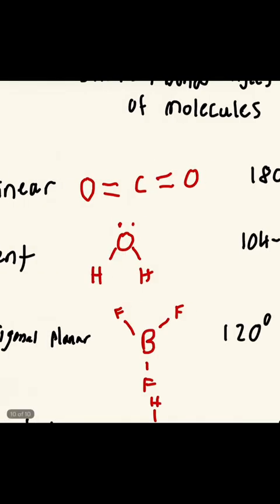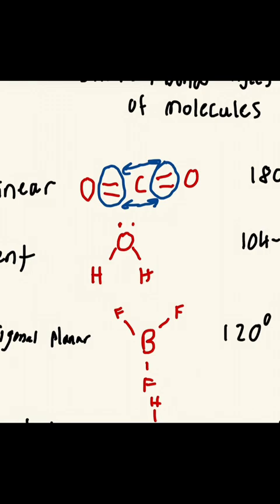Now the reason that they're arranged that way is because these two bonds here, they repel each other. So they're kind of forcing each other away. So they want to be as far away as possible from each other because there's that repulsion forces between the electrons within the bonds.